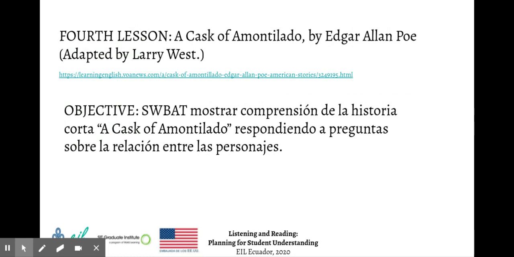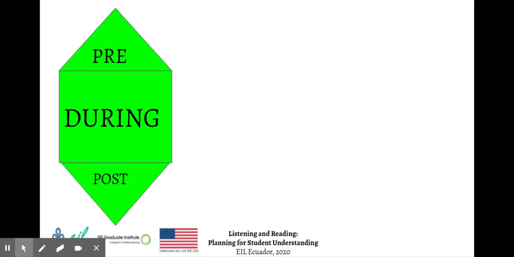Then we'll look at my 4th lesson, which is one that's based on a real piece of literature, the story A Cask of Amontillado by Edgar Allan Poe. So the objective of this one is that students will be able to show comprehension of the story A Cask of Amontillado by answering questions about the relationship between the people.